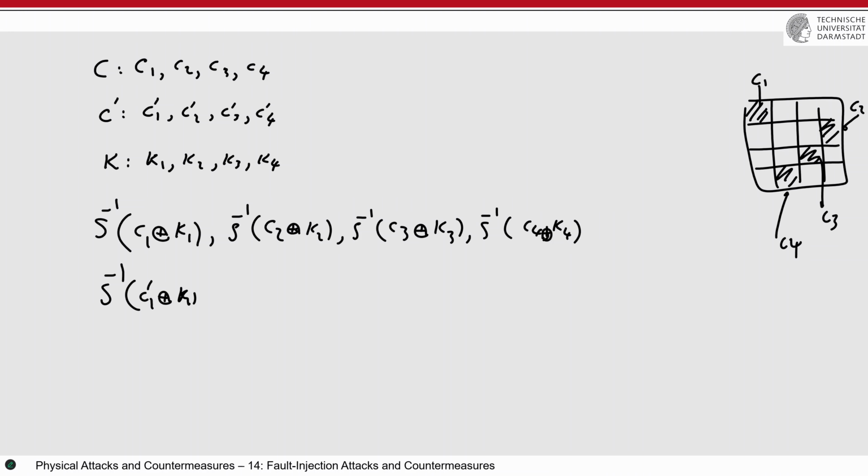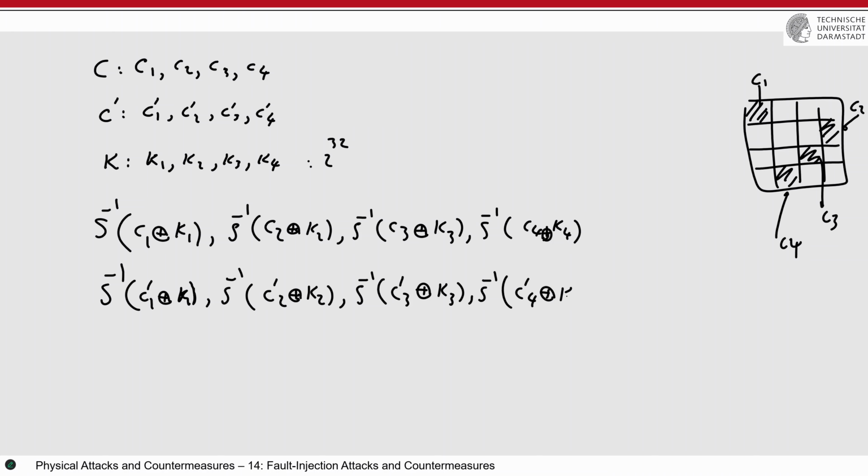You guess the key. This has 2 to the 32 cases. You guess one of them. And S-box inverse of C prime 2 XOR K2 and S-box inverse of C prime 3 XOR K3 and S-box inverse of C prime 4 XOR K4. Then you XOR them together.